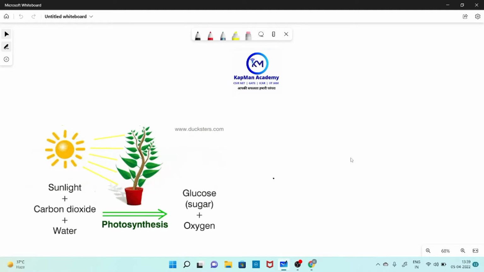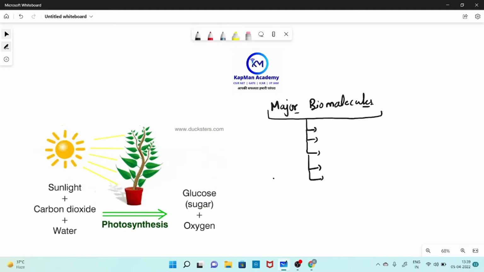Today we are going to discuss the essential components, the major biomolecules, which are very important for the organism's growth, right? These major biomolecules are of various types according to their structure and their components.